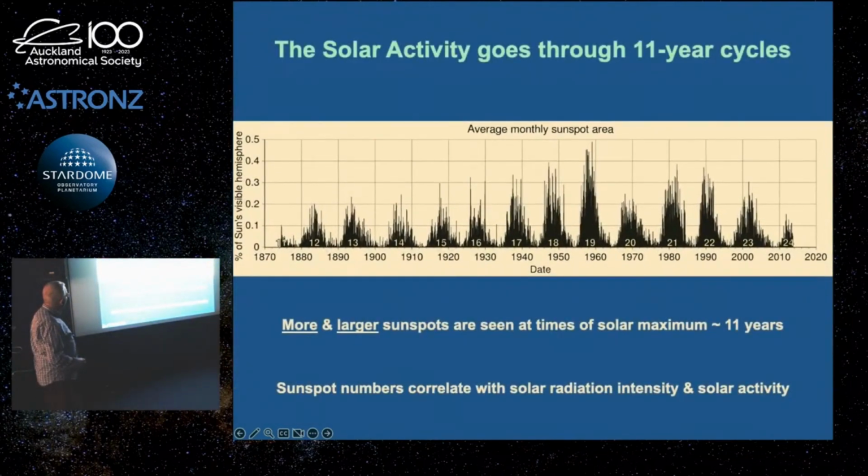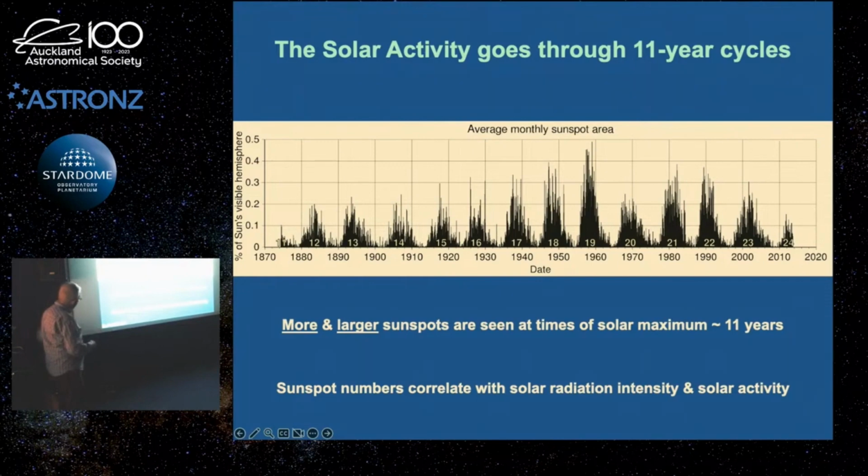Now, the sun goes through 11-year cycles. You may have heard of the terms solar maximum and solar minimum. Along here on the x-axis you've got the various dates, and here's the percentage of sunspots, or how much of the sun is visible.